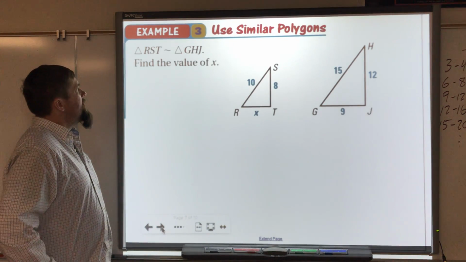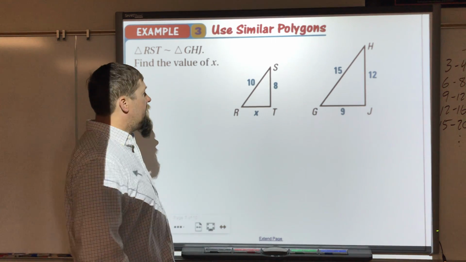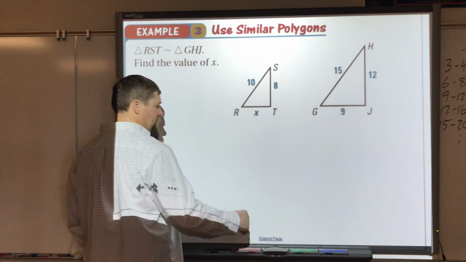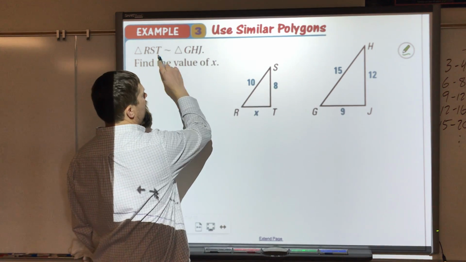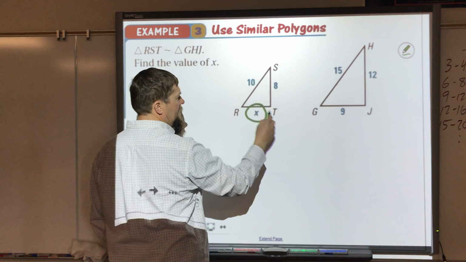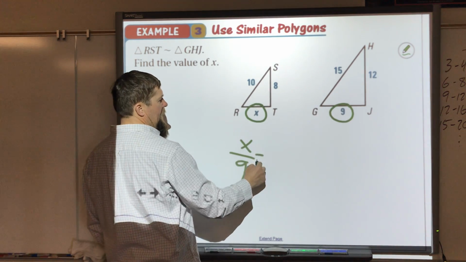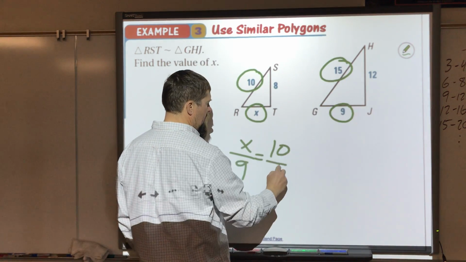All right, it says that they are similar. If they are similar, then all you need to do is set up a proportion with the corresponding sides. Since these are similar, we can say that X corresponds to 9, the same as 10 corresponds to 15.